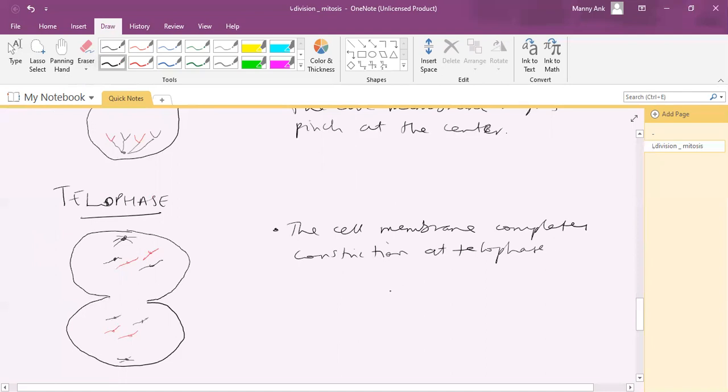Okay. Next, you have the nuclear membrane form around these separated chromosomes.